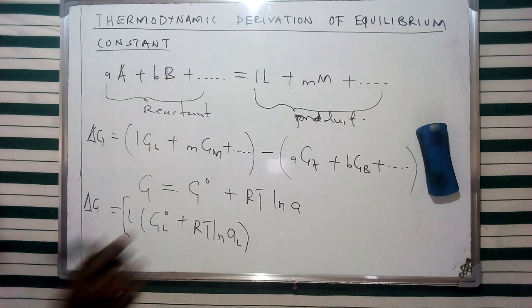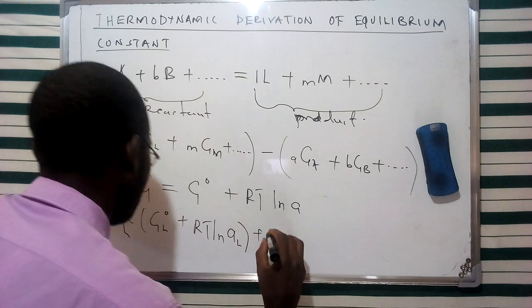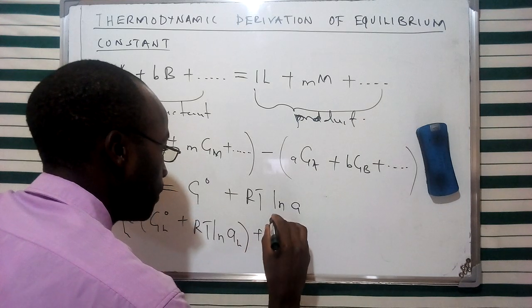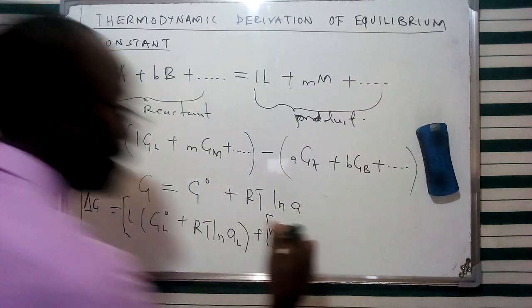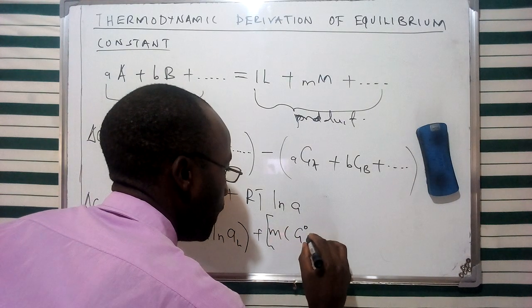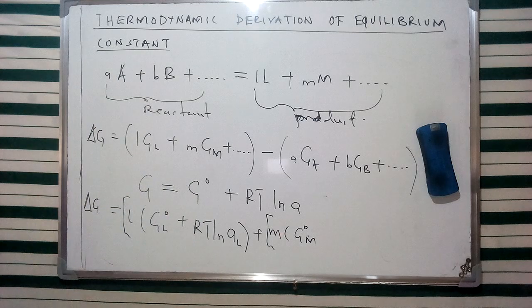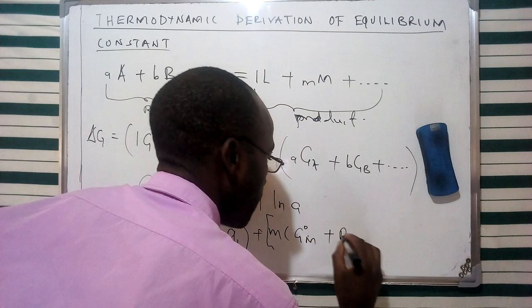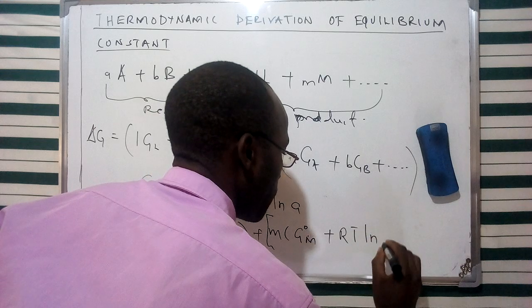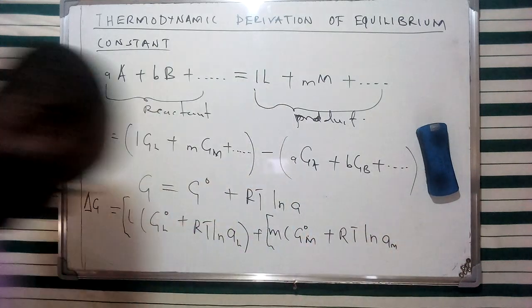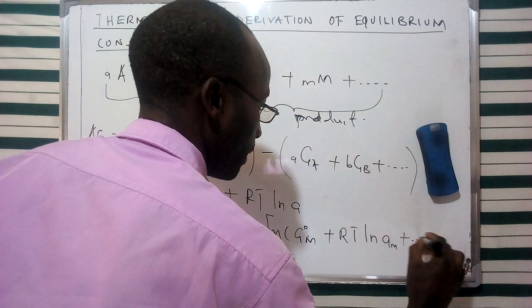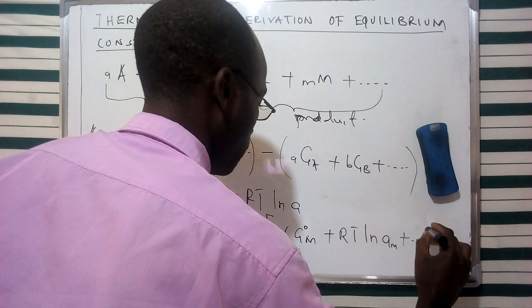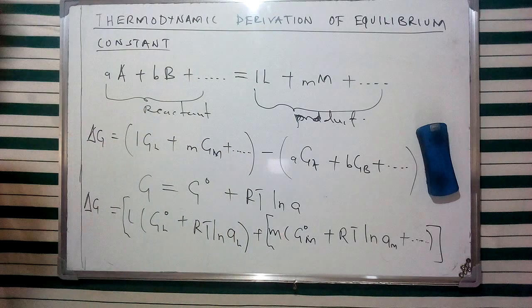Then plus m times G standard of M, followed by plus RT natural log of a M, and this is going to be plus other species contained in this state.